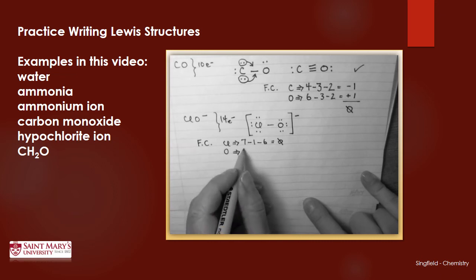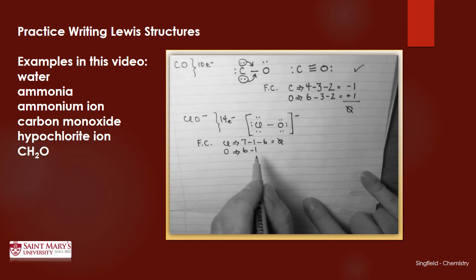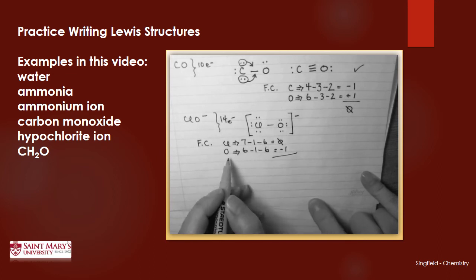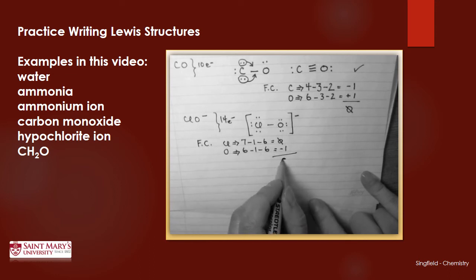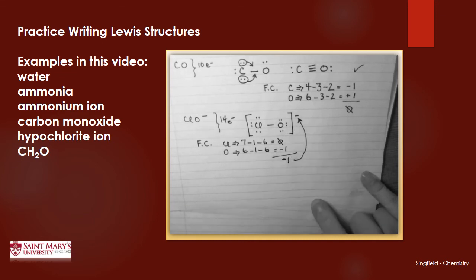Oxygen is 6 valence minus half of the bonding, which is 1 electron, minus all of the non-bonding electrons, 2, 4, 6. And of course that equals -1. So 1 chlorine and 1 oxygen total to a -1, which is the charge on my polyatomic ion. So that's great.